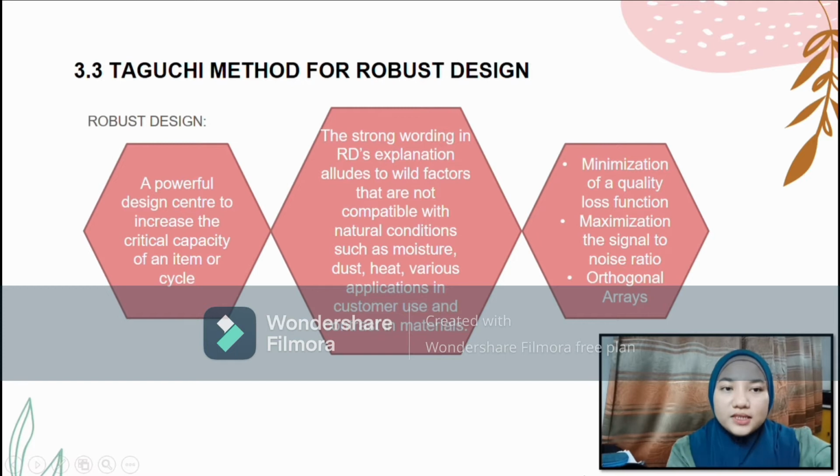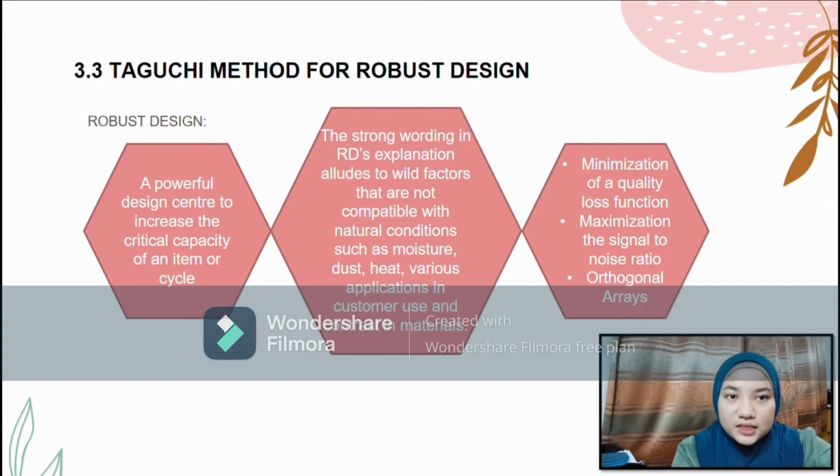Next is the Taguchi method for robust design. It is a powerful design approach to increase the critical capacity of an item or cycle, working with a customizable plan and planning simultaneously. Without a doubt, this is the most effective strategy to reduce the cost of goods and improve quality.